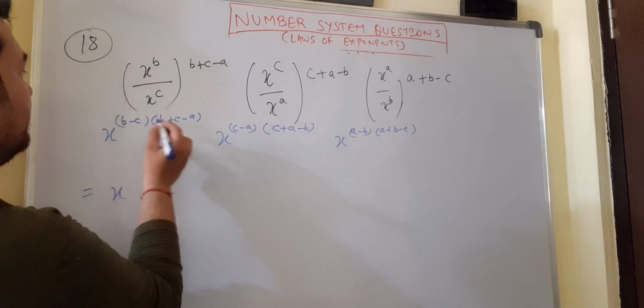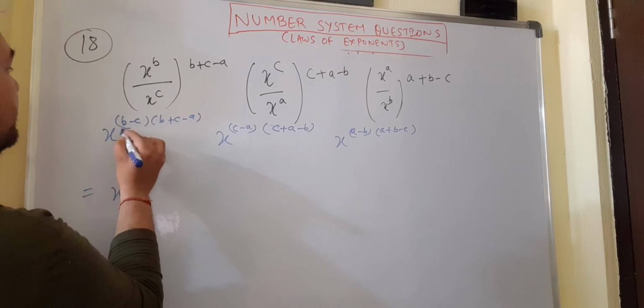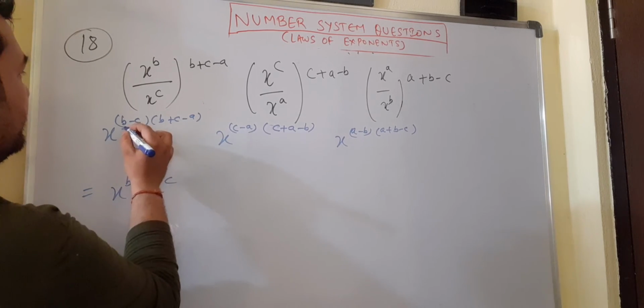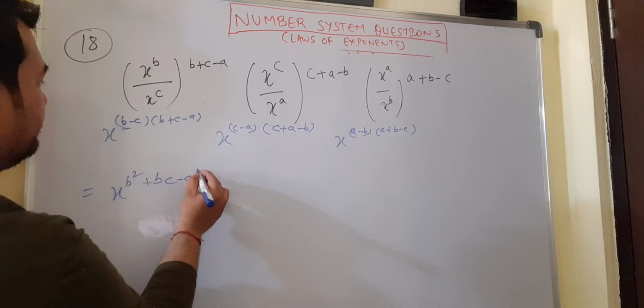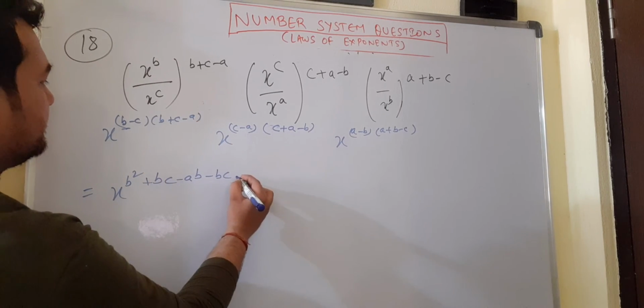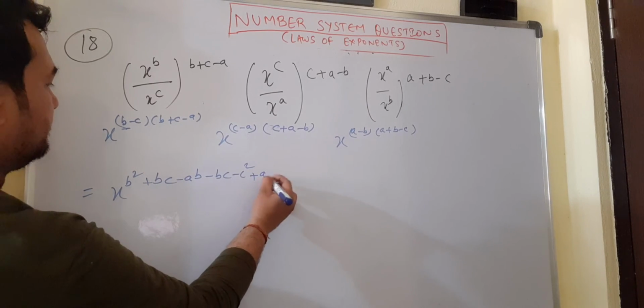So you get b square, b, first do it with b: square, bc, minus ab, minus bc, minus c square and plus ac.